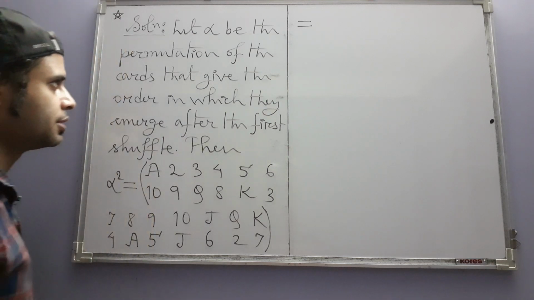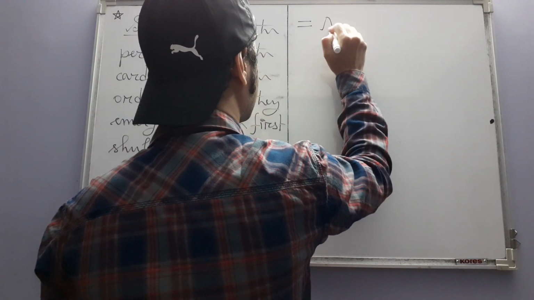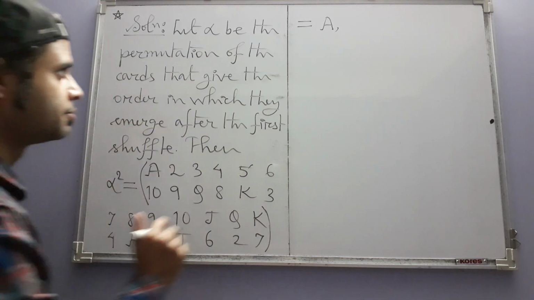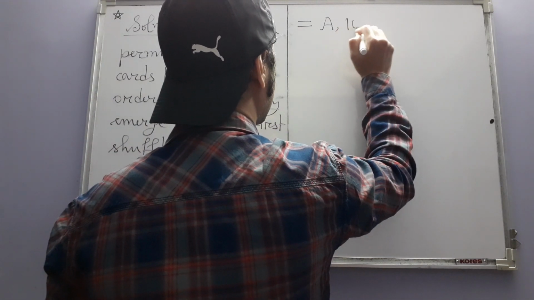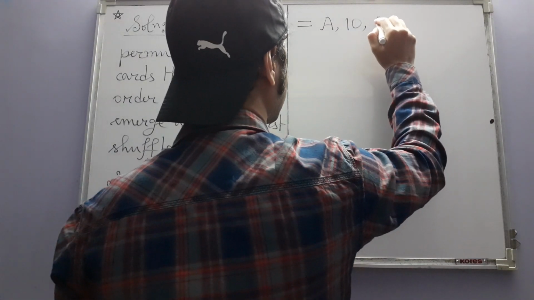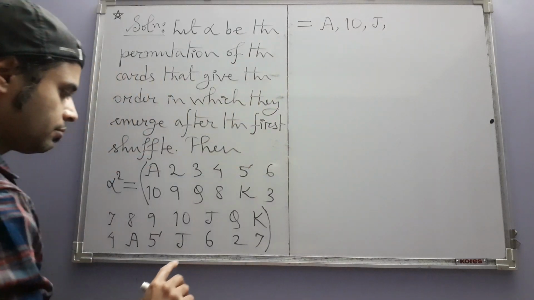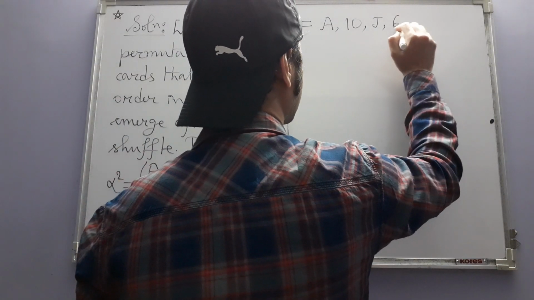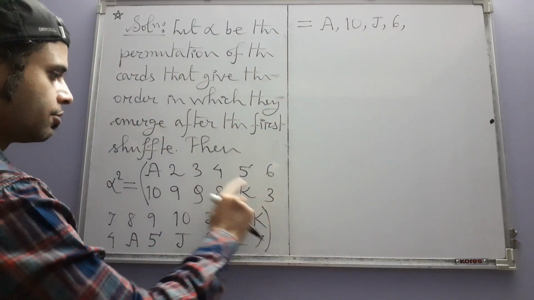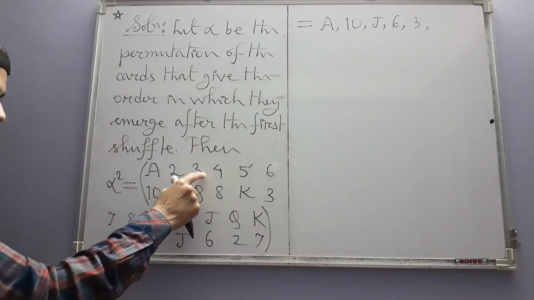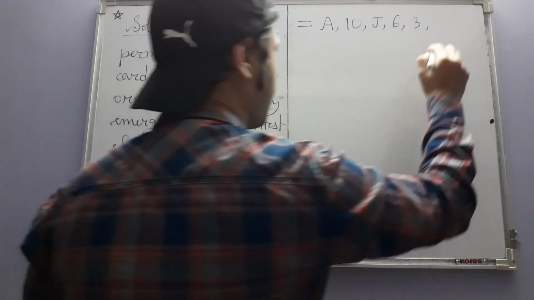So we start with A. A gets sent to 10. 10 goes to Jack. Jack goes to 6. 6 goes to 3. 3 goes to Queen.